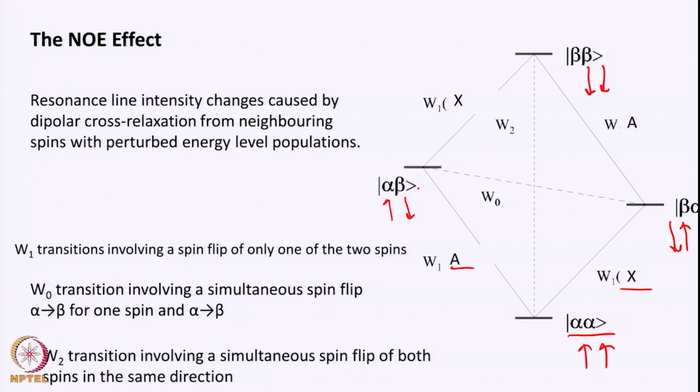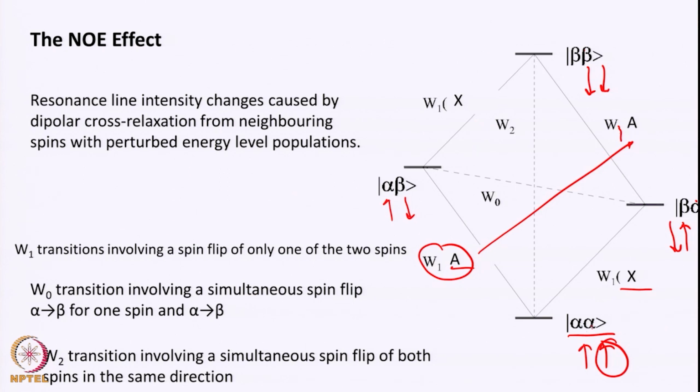These are called omega 1, single quantum transitions, meaning only one spin is flipping. Here alpha is becoming beta, and here again alpha is becoming beta. These two belong to omega 1 of the A spin, and these two belong to the X spin.